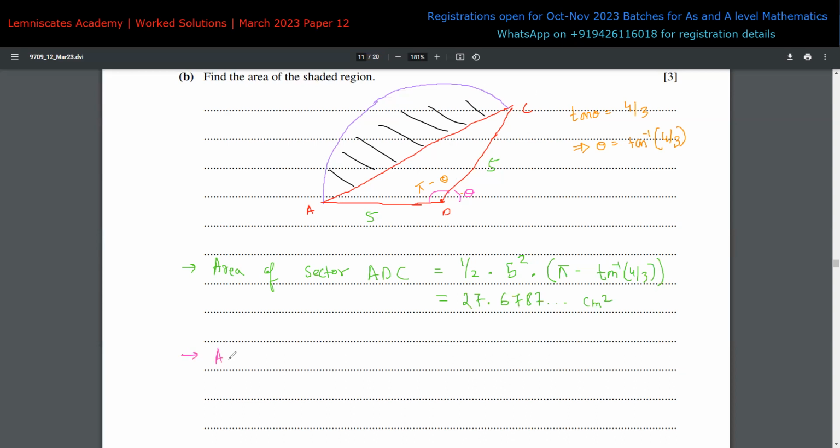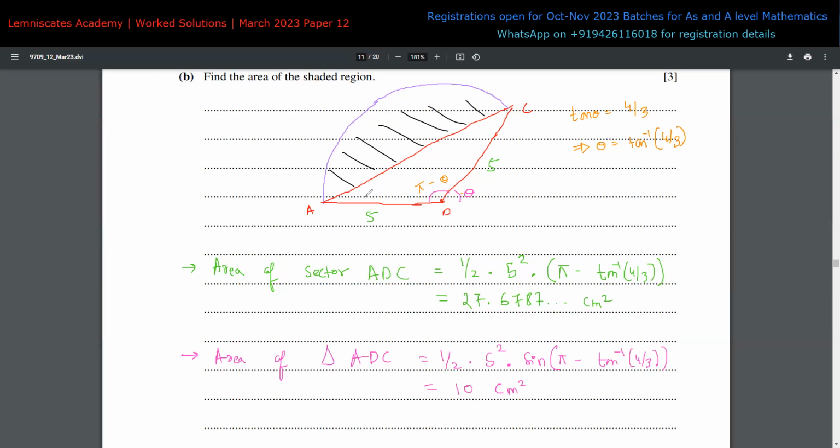So area of triangle ADC is equal to half into the product of the adjacent sides of this angle, that's 5 squared times sine of the angle, that is pi minus tan inverse of 4 by 3. Now if we solve this in the calculator, 0.5 into 5 squared into sine of pi minus tan inverse of 4 by 3, it's giving me the exact value of 10 centimeters squared.